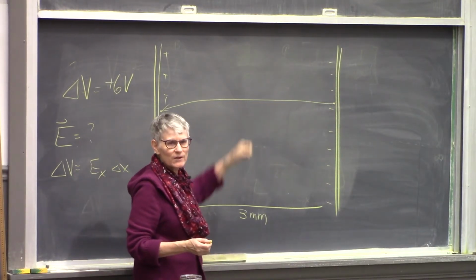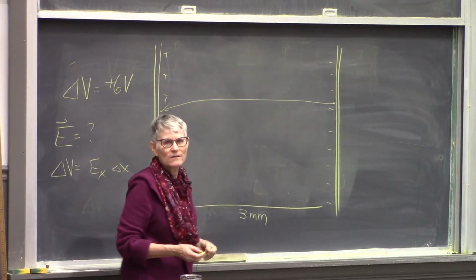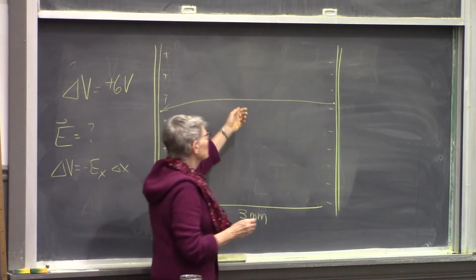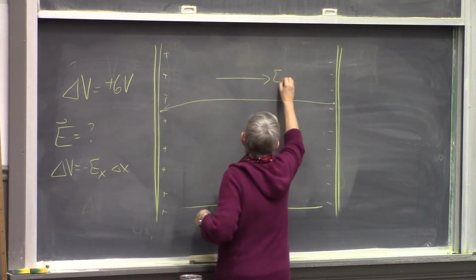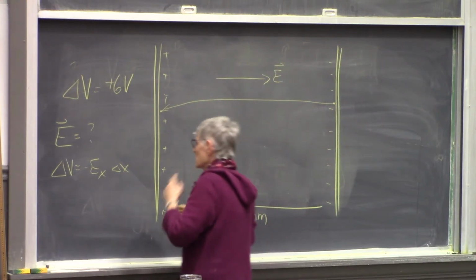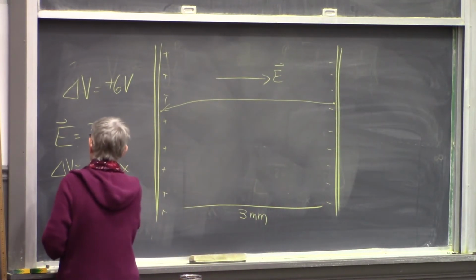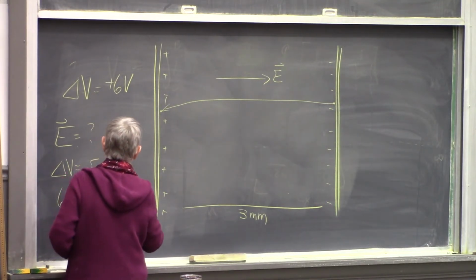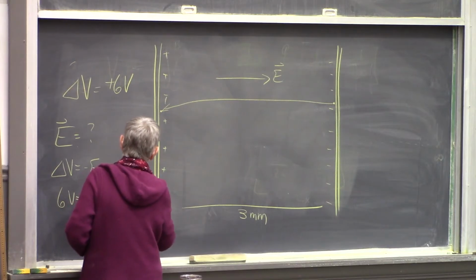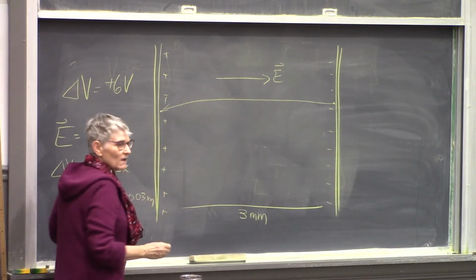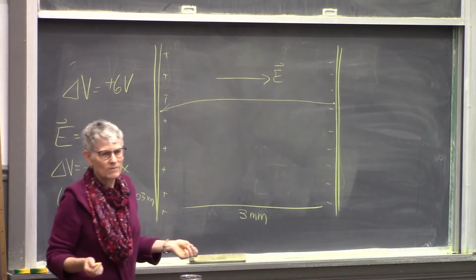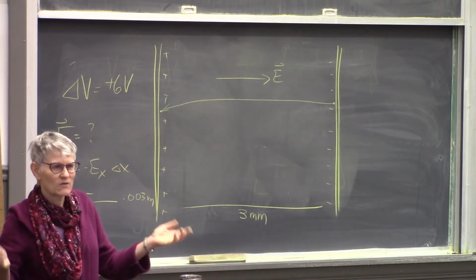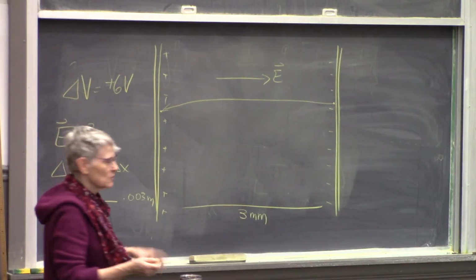We actually already know the direction the field has to be going, right? So what direction? Yeah, the field has to be going this way. So therefore 6 volts is minus something times 0.003 meters, and in fact that something has to be 2,000 newtons per coulomb, 2,000 volts per meter.